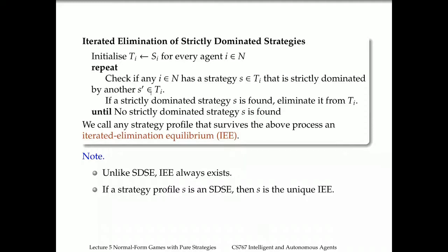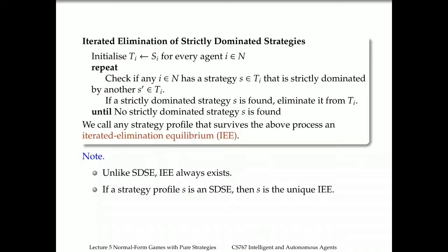And if there is a strictly dominated action, then the procedure eliminates it from the current set of possible actions. And this is repeated until you cannot find any strictly dominated strategy. And at the end, what's left, those strategy profiles, are what we call iterated elimination equilibrium.